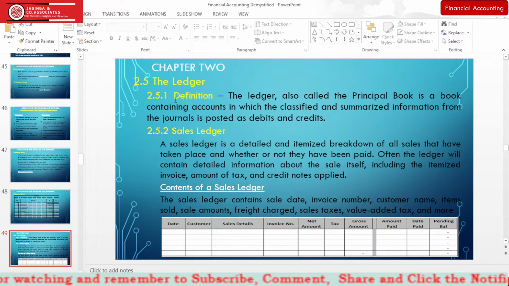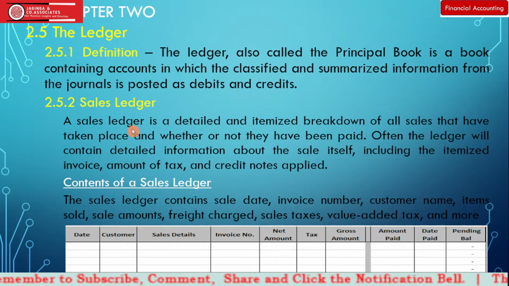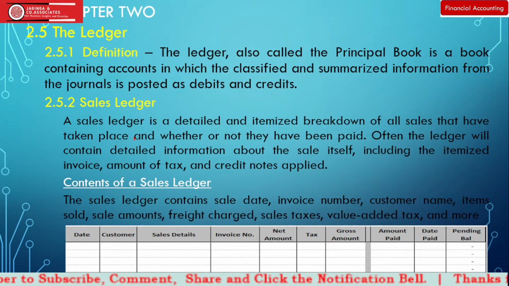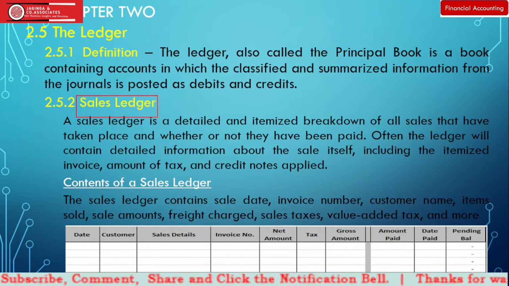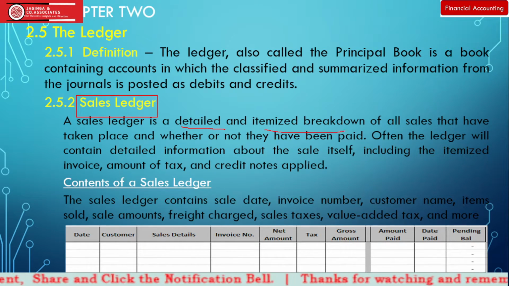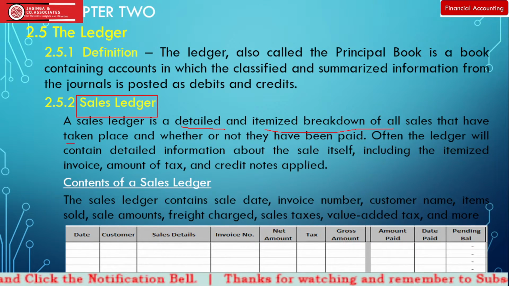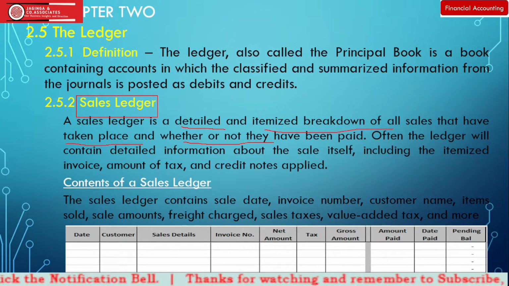So we've talked about the definition. So now we need to talk about the sales ledger. And now we are saying that sales ledger is a detailed and itemized breakdown of all sales that have taken place and whether or not they have been paid.